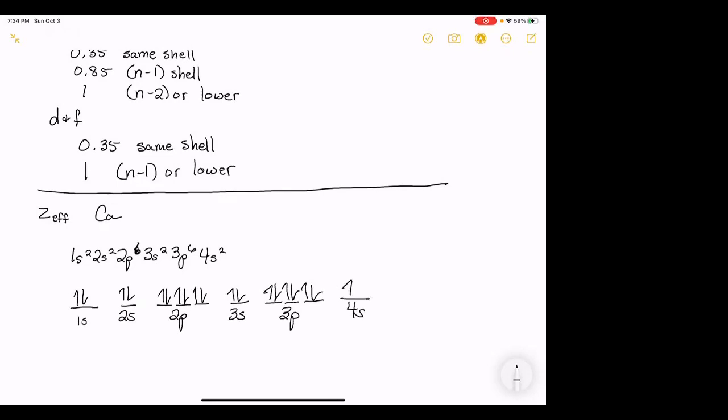And let's say I am wanting the z-effective for this electron in blue. I could have picked that electron, or I could have picked the other electron. It really wouldn't have mattered.